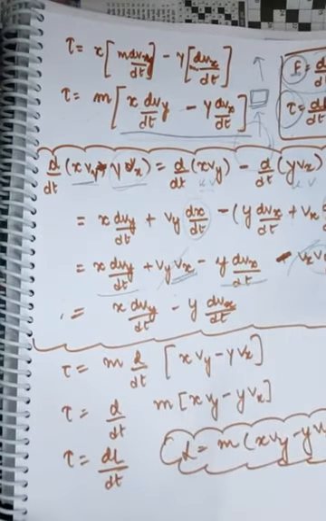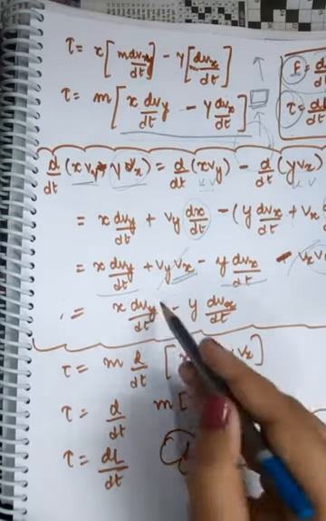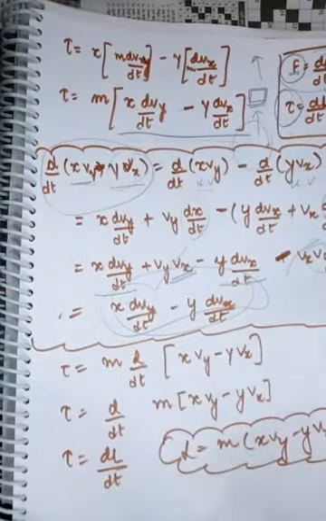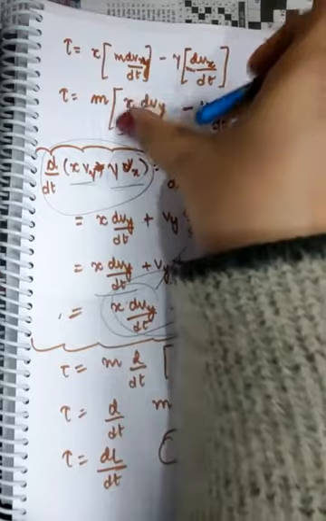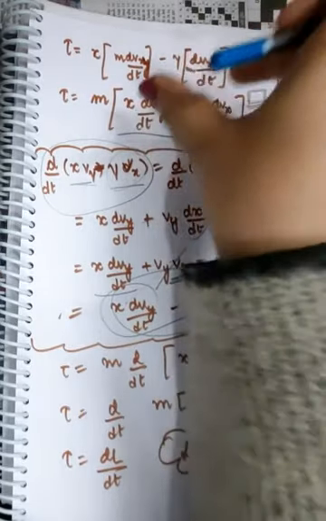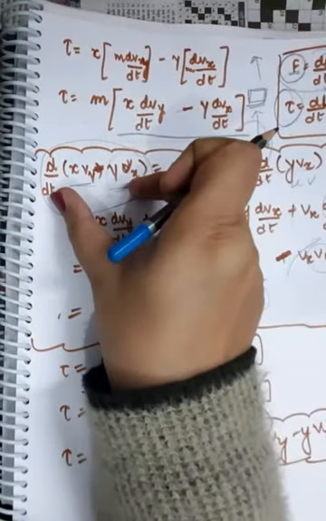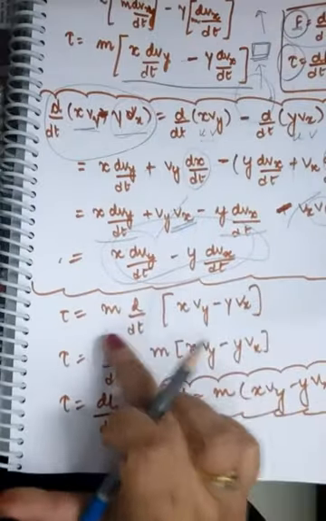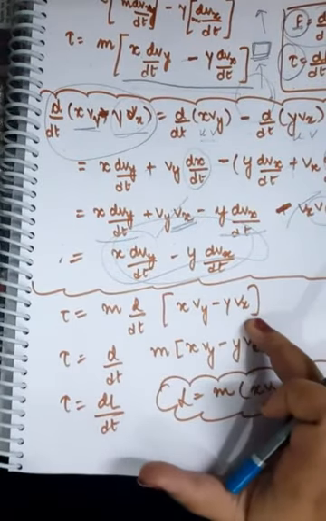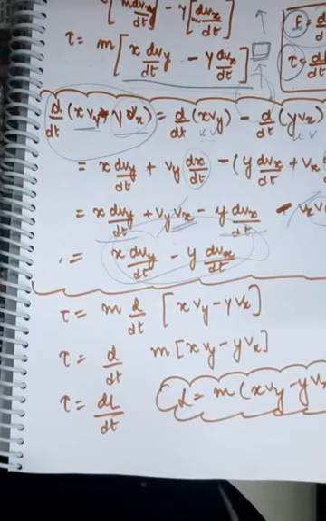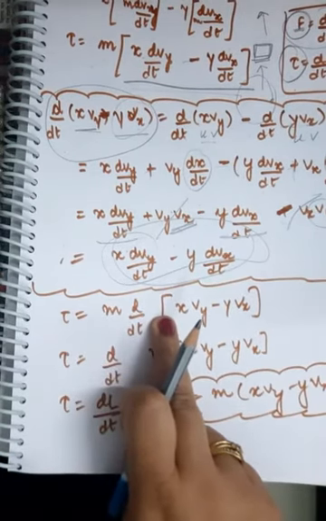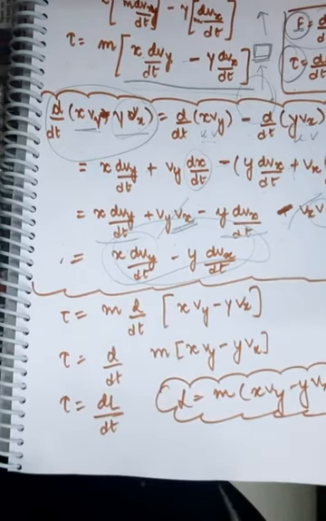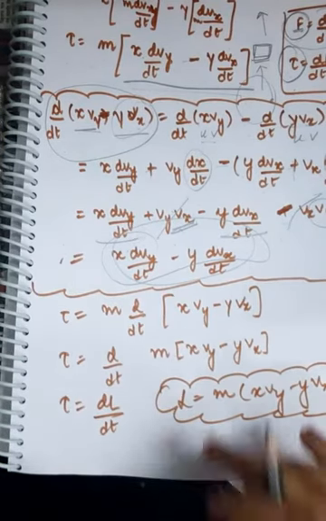What I have proven is that this stuff is numerically equal to this quantity, so in place of this quantity you can write m d/dt of (xvy minus yvx). Take mass inside, because mass is a constant and can be taken outside or inside the differentiation.